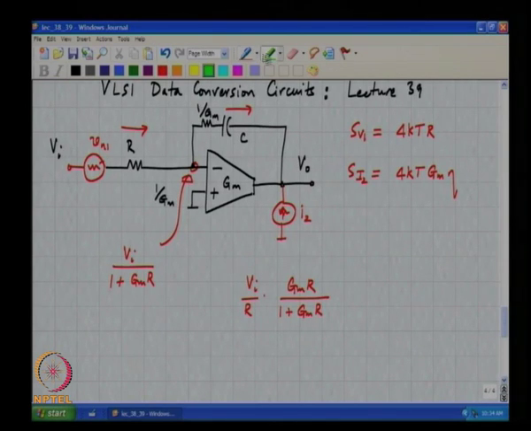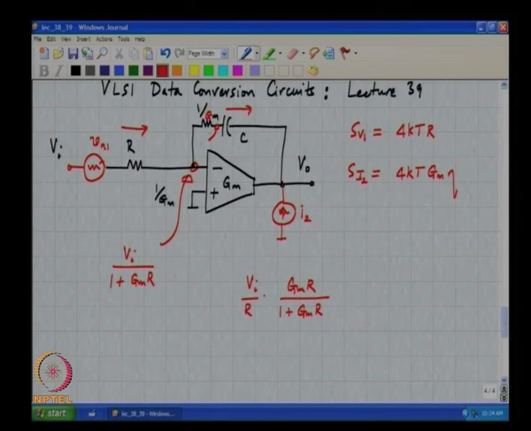What will be the drop across this resistor now? Vi by 1 plus GmR. So, what will this potential be? Please note that the virtual ground potential is Vi by 1 plus GmR, correct.